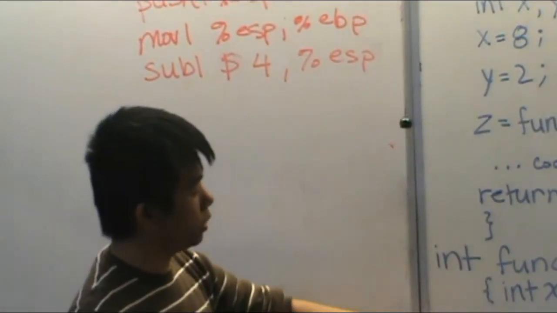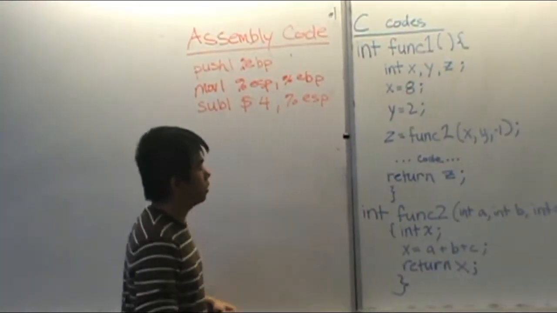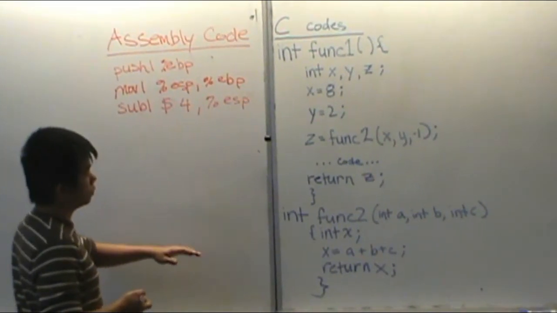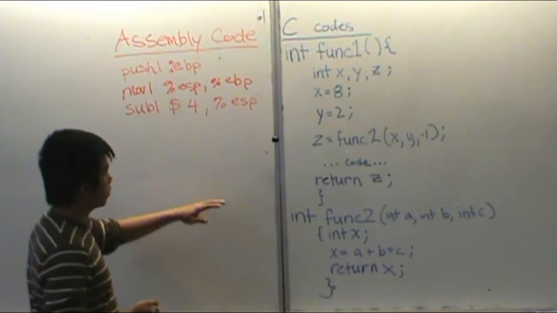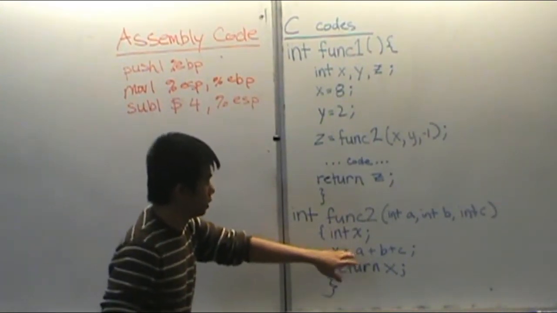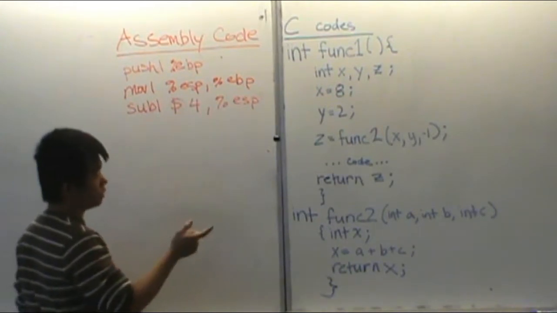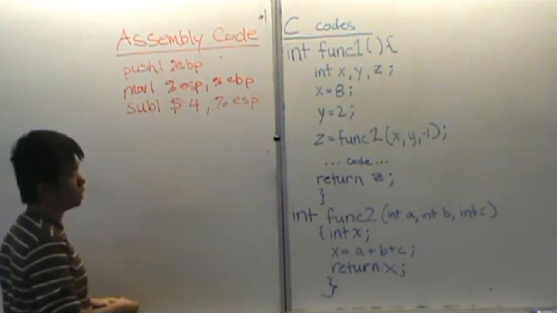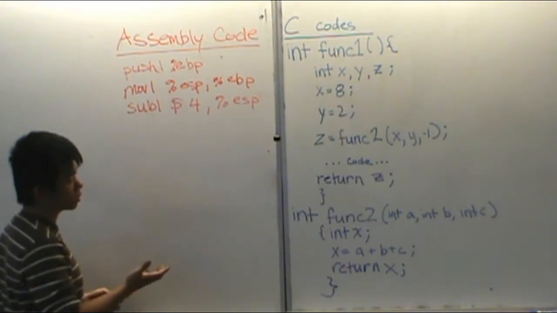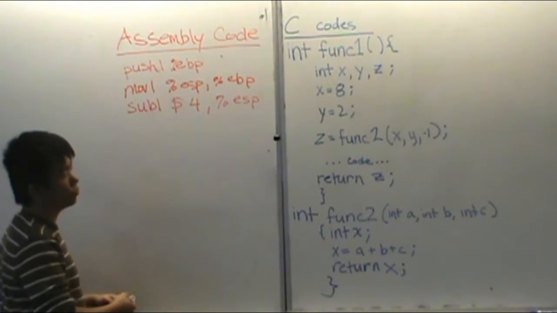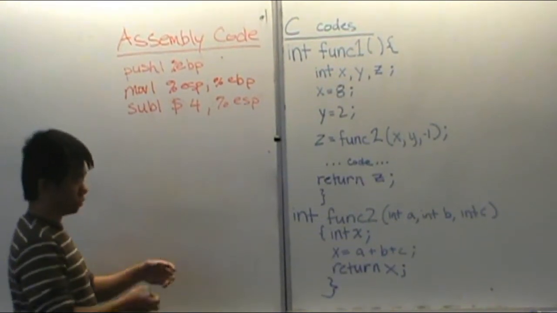Now we have to do the arithmetic here. To do that, we have to fetch the variable a using EBP, because there is no label for the variables in function 2.